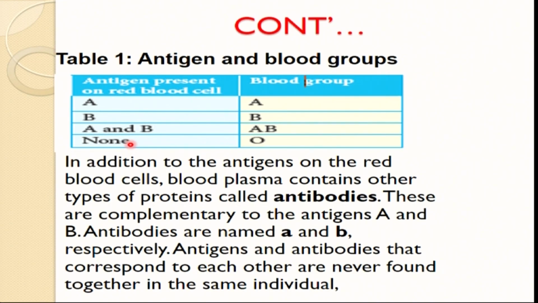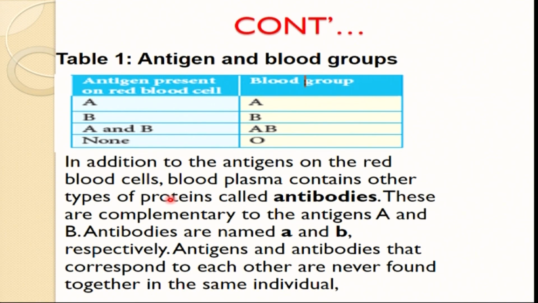In addition to the antigens on the red blood cells, blood plasma contains other types of proteins. Antigens are not the only type of protein found in the blood; you also have other proteins, which are referred to as antibodies. Let me try to mention it.